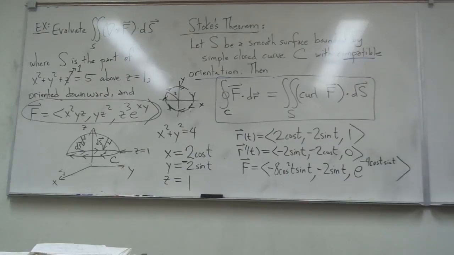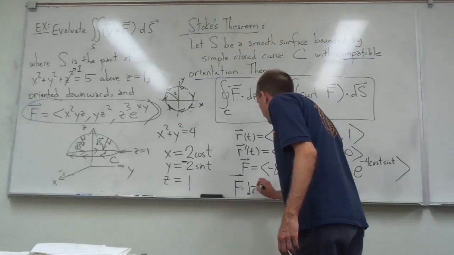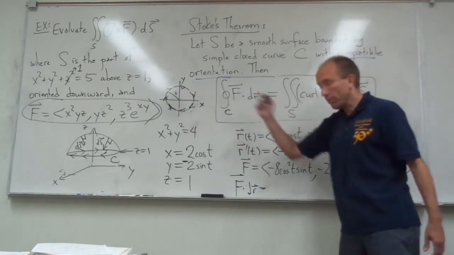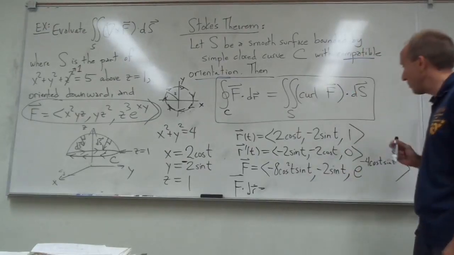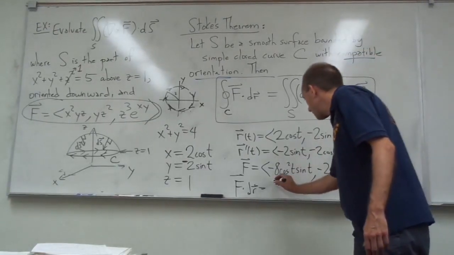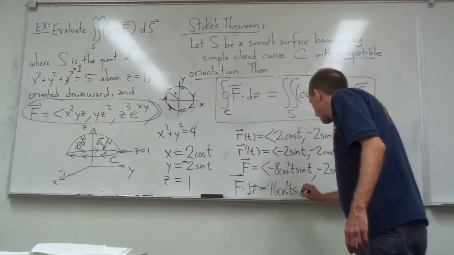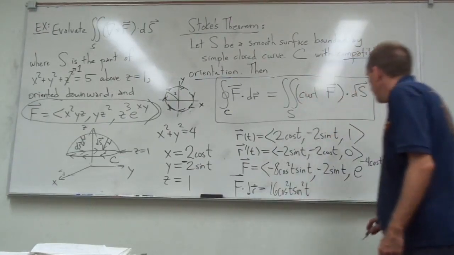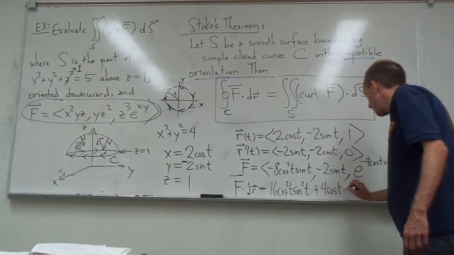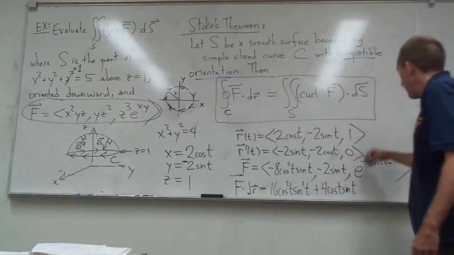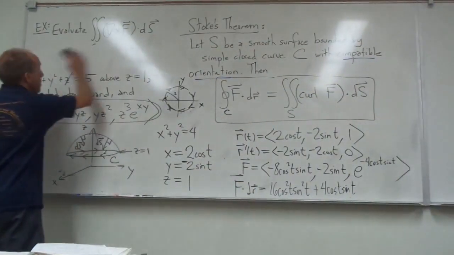Okay, there we go. We have to calculate f dot dr for the line integral, right? So that's the dot product of these last two vectors that we have up here. When we dot these first two together, we're going to get 16 cosine squared of t sine squared of t. And when we dot these two together, we're going to get plus 4 cosine of t sine of t. And the last term goes away. We don't have anything left for that.